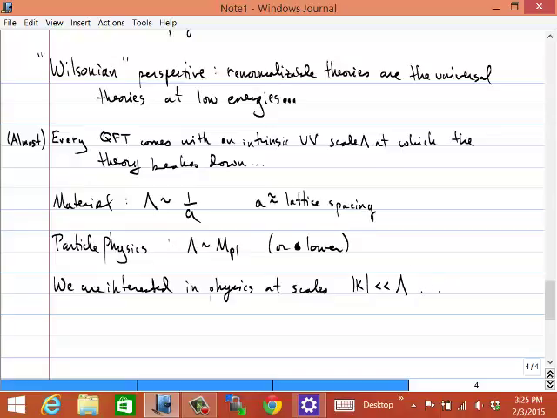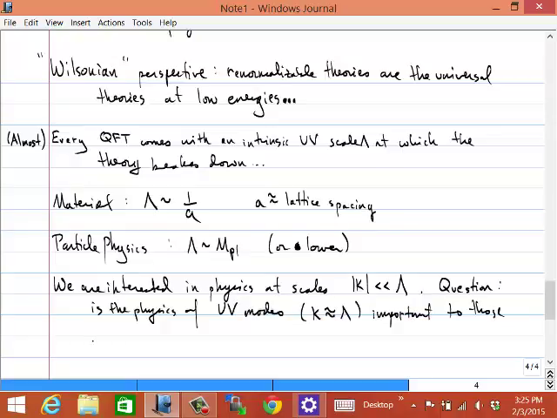And then the truly important question is: is the physics of the ultraviolet modes, that is to say the high energy modes, say with k of order lambda, or even higher than lambda, important to those at very low energy? So k much less than lambda.